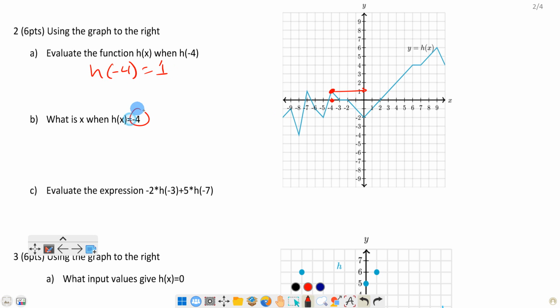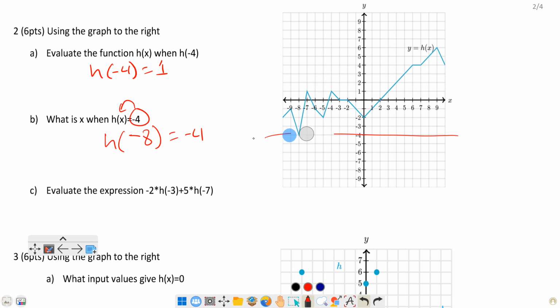So that's that. Now this is going to be our y, and we want to find out what our x is. So we go to negative 4 here on our y, which is right here. We only have one spot there. That is our x. So h of negative 8 is equal to negative 4.